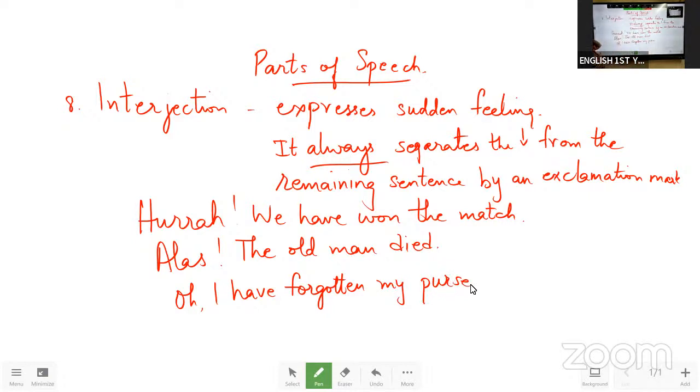Because for interjection, we usually say exclamation because it always separates the remaining sentence by an exclamation mark. Here, the exclamation is soft. Oh, I've forgotten my purse.